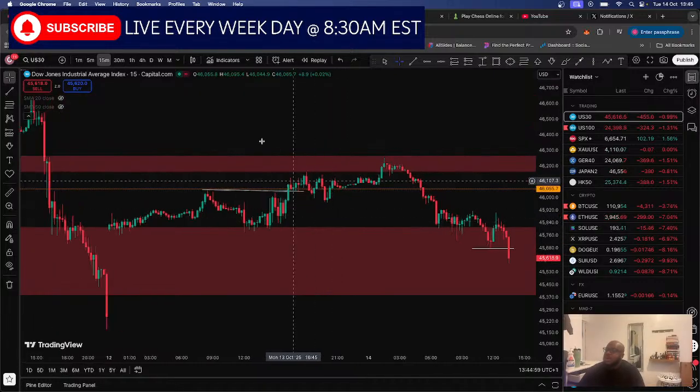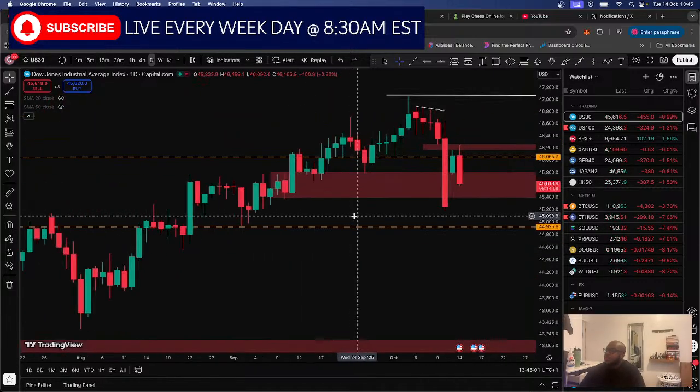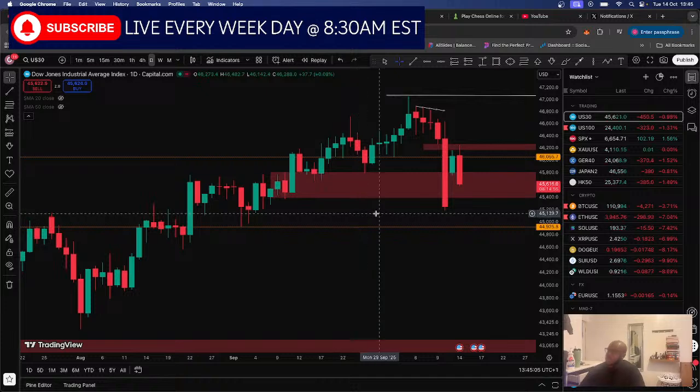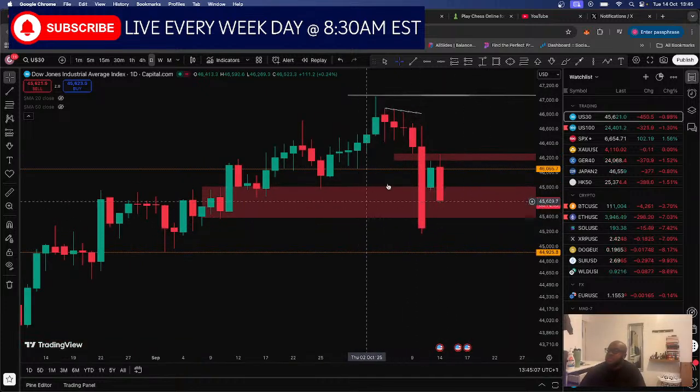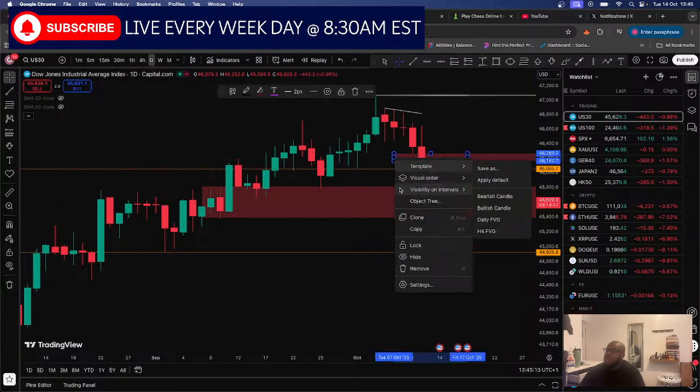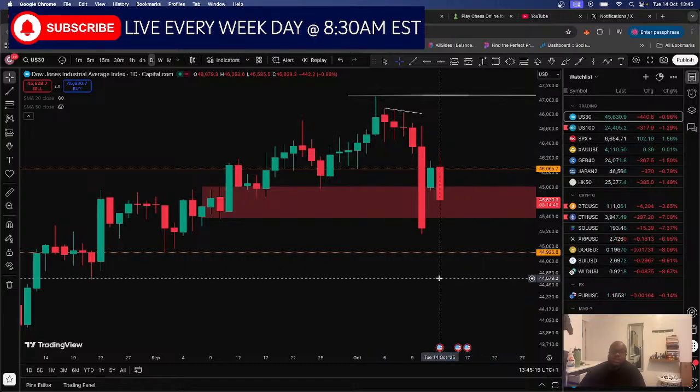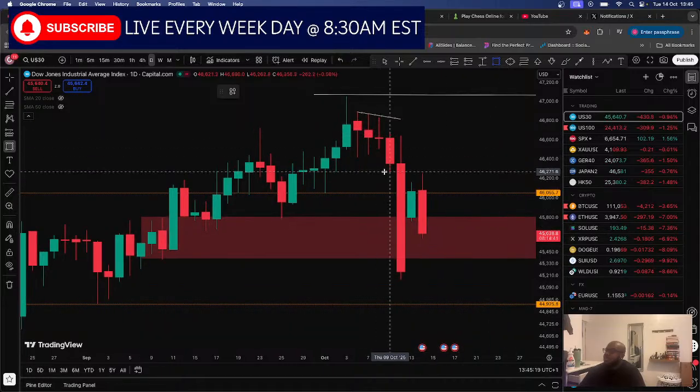As we can see what happened today, just show you really quickly. What happened yesterday, we swept it, and then coming into today we had this fair value gap set up. I've just added that onto the chart this morning as I've opened the markets, but this fair value gap is just right in between here.